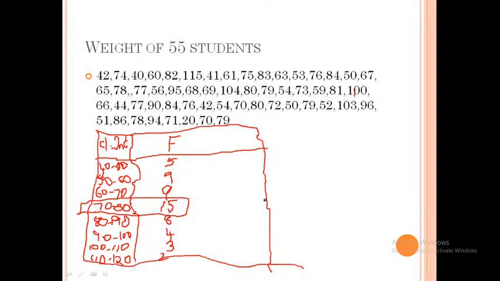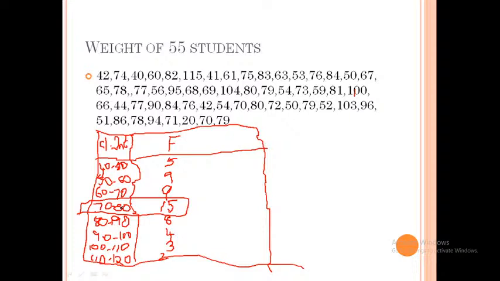So the class 70 to 80 is considered as the mode class. The class having maximum frequency is called the mode class.